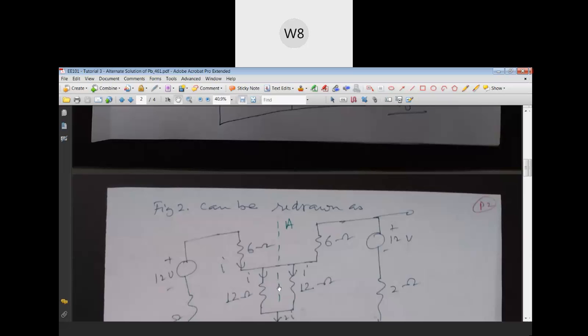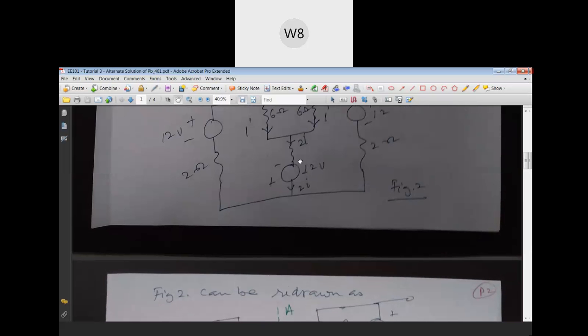The net current carried by these two also remains 2I, so it is equivalent in terms of current also. The voltage across each 12 ohm is 12 into I, same as the previous scenario. So a single 6 ohm can be represented by a parallel combination of two 12 ohms, each independently carrying current equal to I.